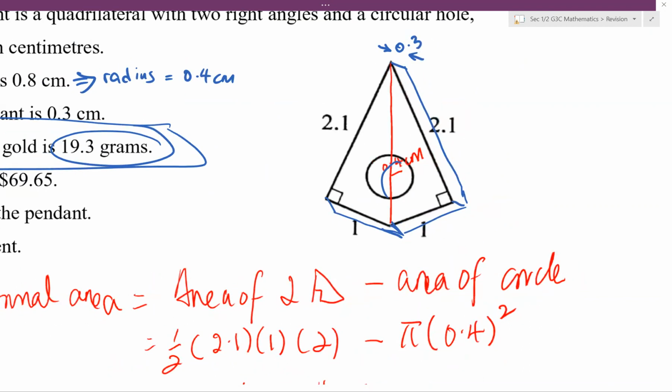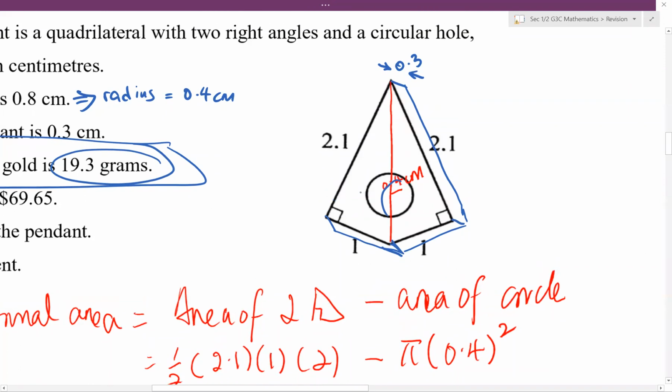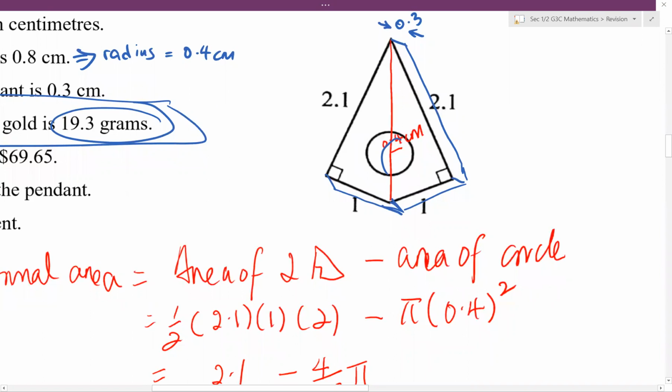Area for triangle is super easy, isn't it? Area of triangle, half times base times height. The height being the perpendicular height. So you identify where is the base. The base will be this 1 cm. The perpendicular height is the 2.1. So we have half times the base of 1 times the perpendicular height of 2.1. That is the area for 1 triangle.